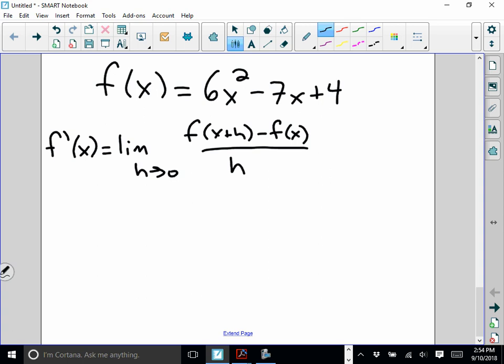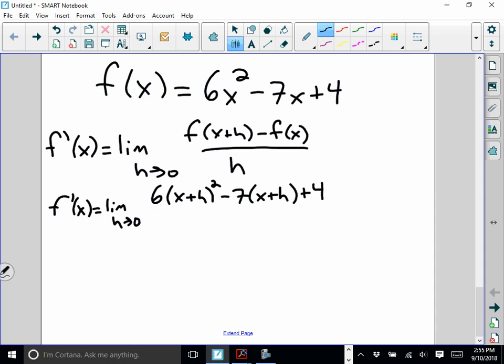Now, we have a new f, right? So we're going to have a new f of x and a new f of x plus h. So let's think about f of x plus h. Just replace all the x's with x plus h's. Put them in parentheses since they're binomials. And we get this. There's my f of x plus h, but now I need to subtract f of x.